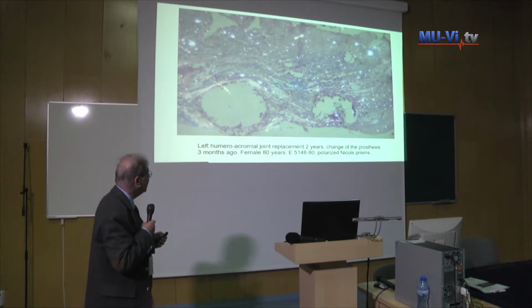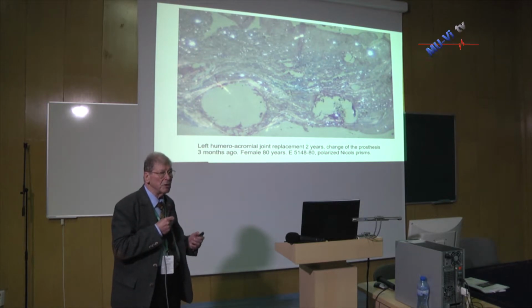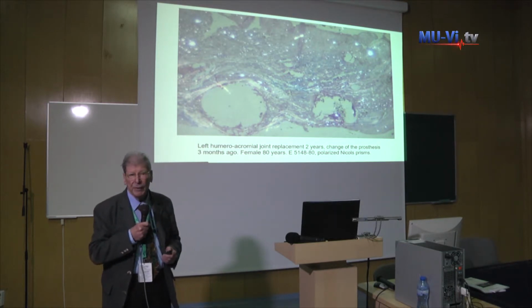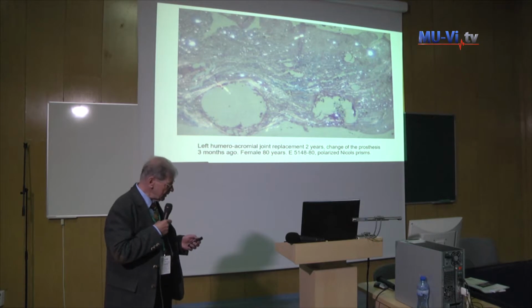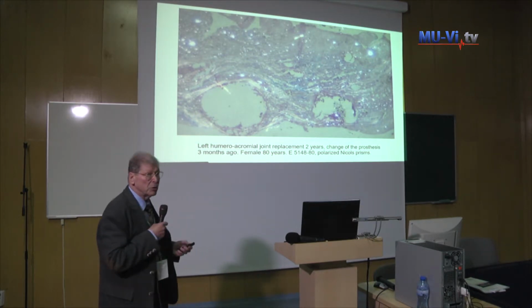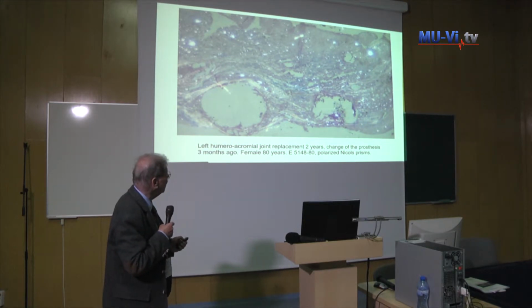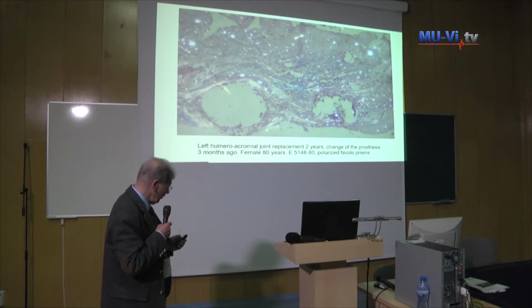That means you have a birefringence of the particles, and you see this enormous amount of particles. Of course, this is a really big problem for tissue to function in a normal way. This is not possible.